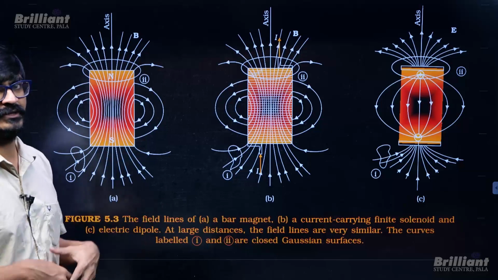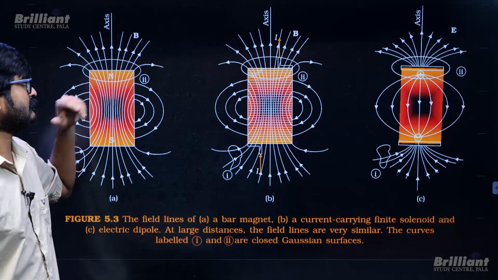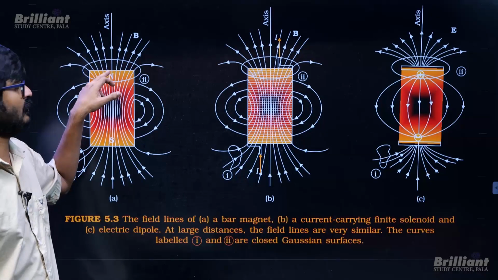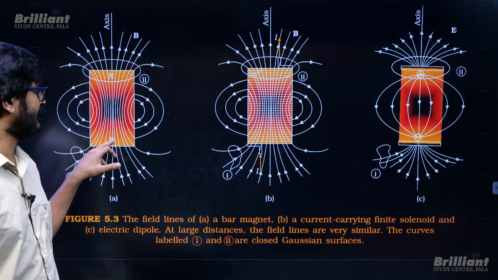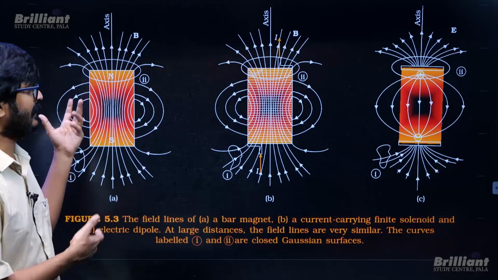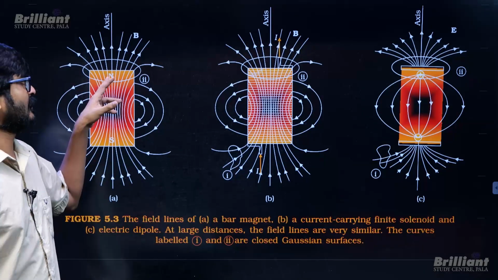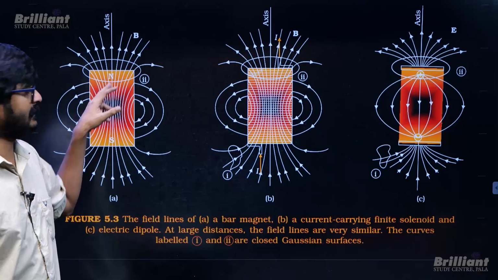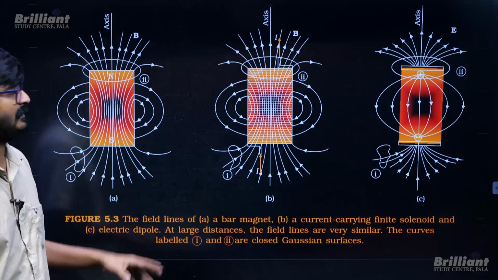Its magnetic properties are almost similar to as if you are placing some positive magnetic charge at the north pole and negative magnetic charge at the south pole. Anyway, I don't have to bother about explaining the bar magnet.